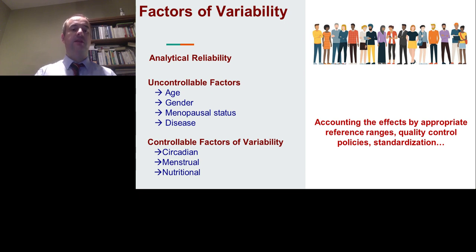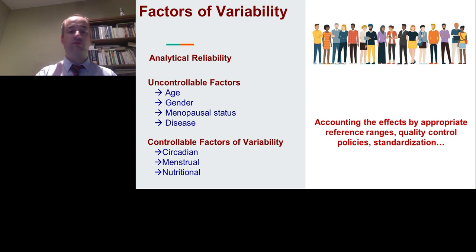There is the potential effect of gender, even if it could be more limited for thyroid function. There is the case of pregnancy, and we know that we need to adjust thyroid function tests according to the pregnancy trimester.